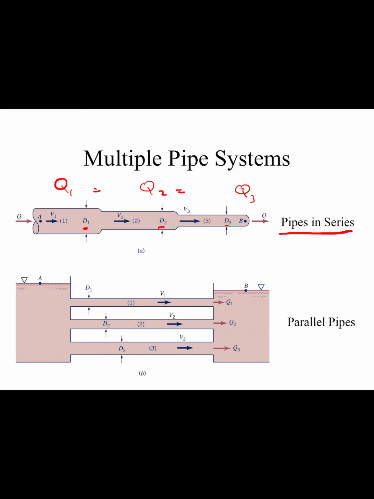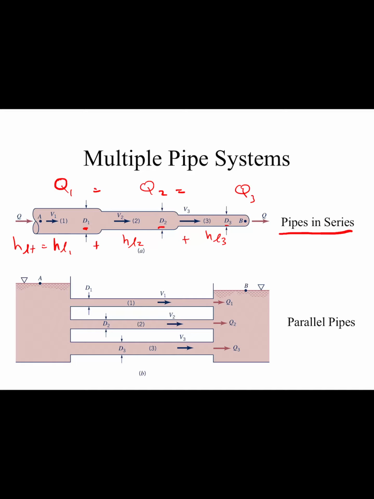The pipe flow rates are the same, because if we did our mass balance, they'll be the same across. And we know that we'll have a head loss associated with each, call that head loss 1, head loss 2, and head loss 3. Then for systems in series, we can sum those together to get the total head loss.